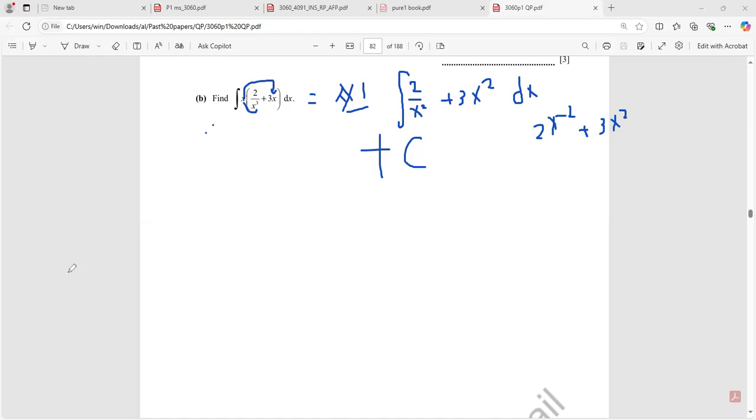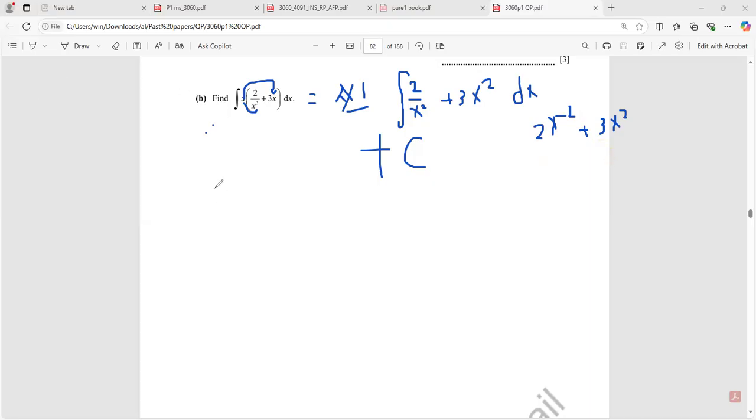How do we integrate? We are going to make the power +1, so -2 plus 1 equals -1, and here it will be to the power of 3, and here we're going to divide by -1, and here dividing by 3. Let's do it.